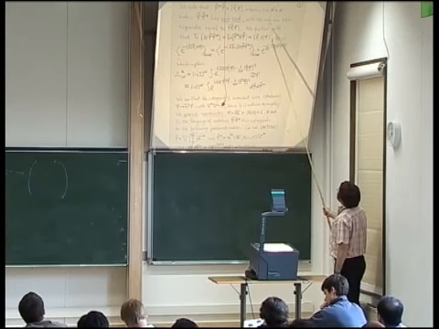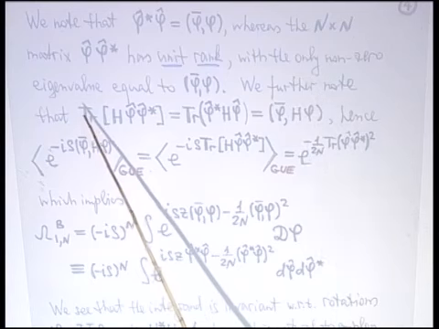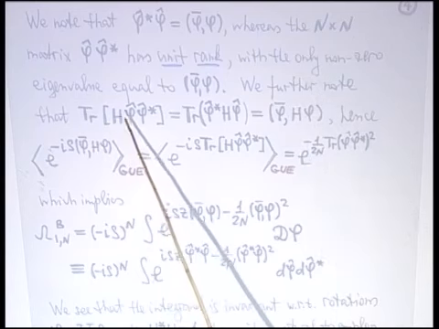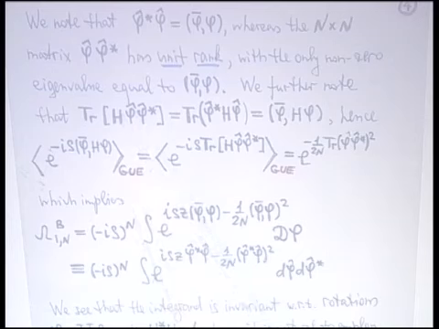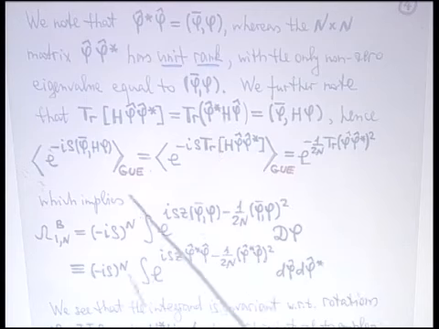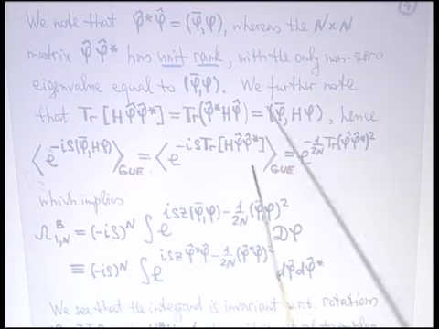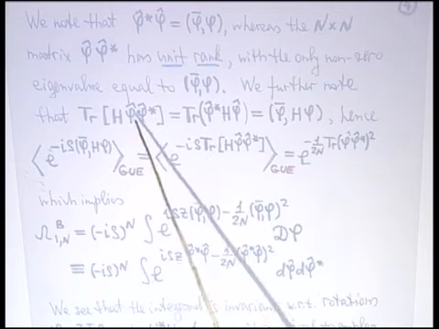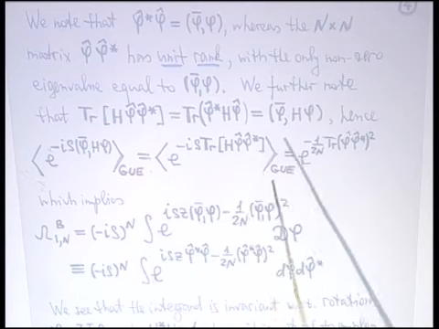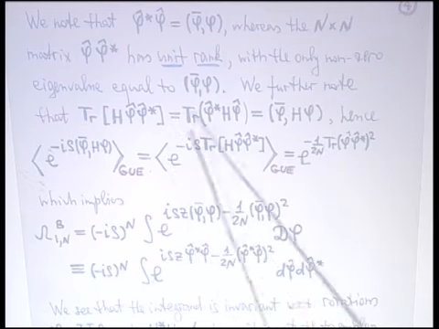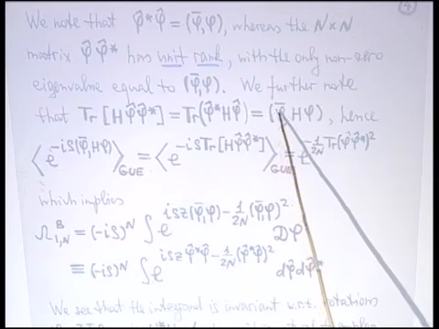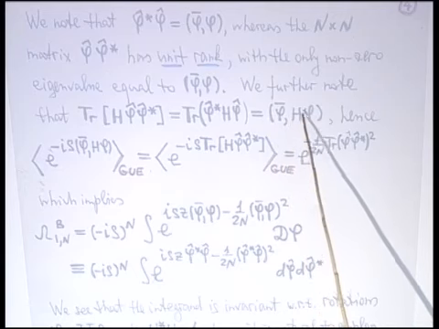Second observation. Further note that, consider the following object, trace of h times phi times phi conjugate in this order. That's important. Then using just cyclic permutation under the sign of trace, which is allowed under the sign of matrix trace, you trivially check that this is nothing else but the scalar product of phi with h acting on phi.